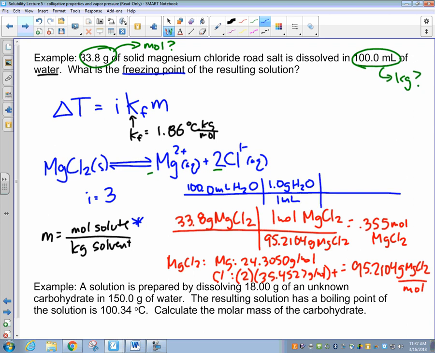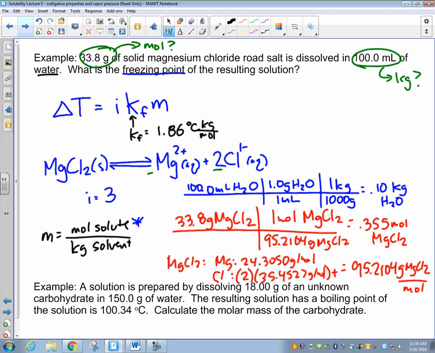And then converting grams into kilograms, there are 1,000 grams in 1 kilogram. And making this calculation here will give me, not surprisingly, a mass of 0.10 kilograms of our water.